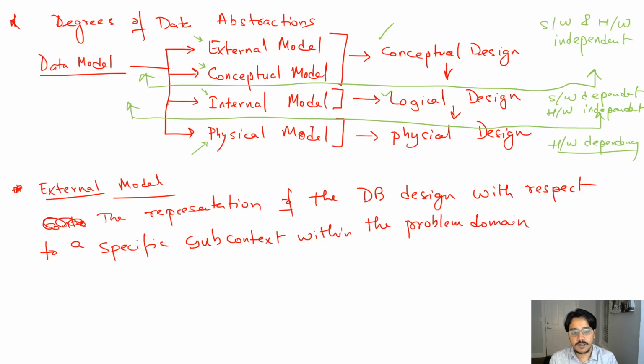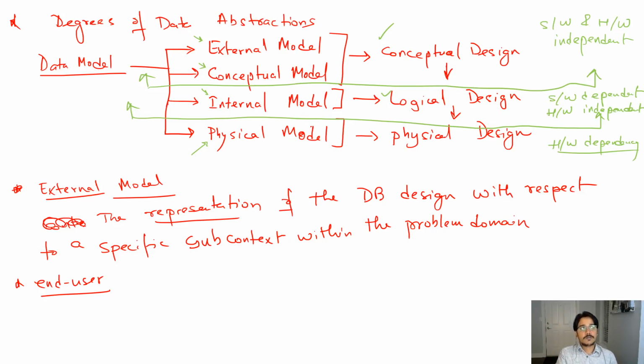Okay, so of course when we say representation, it's a graphical representation. Okay, so when we are doing that, so that means some of the subcontext can come from, let's say, the point of view of end users, the amount of information that they want to see from the database is not necessarily everything that you have in your database design. So we just want to show them a portion of what is relevant to them, right?